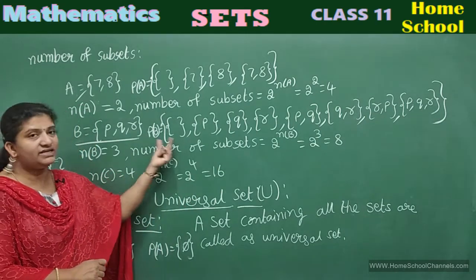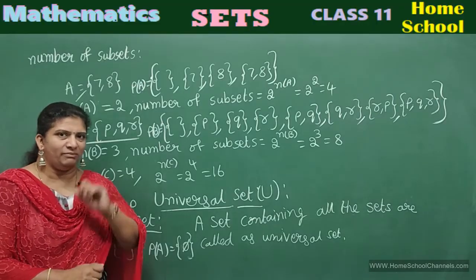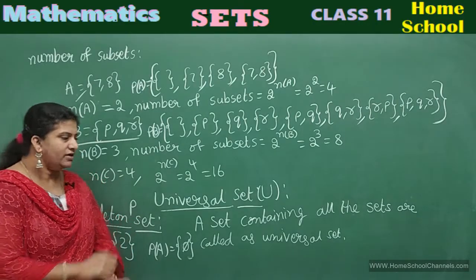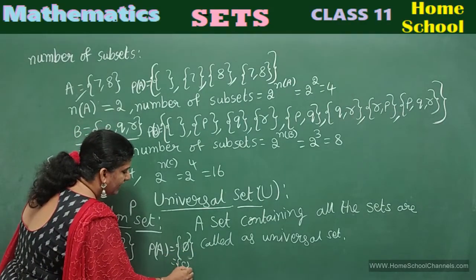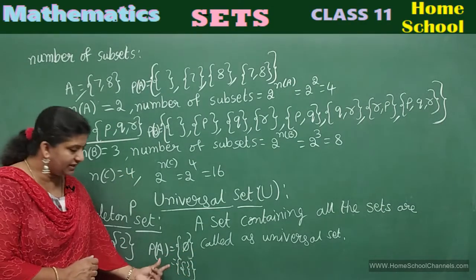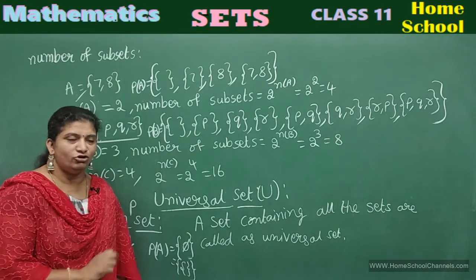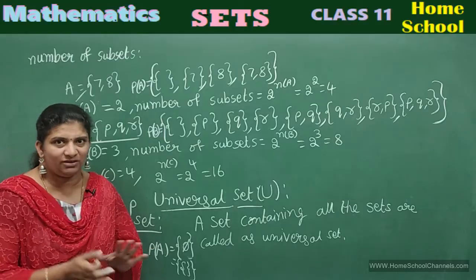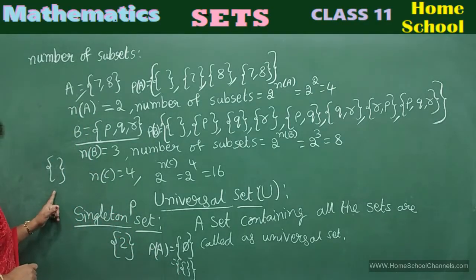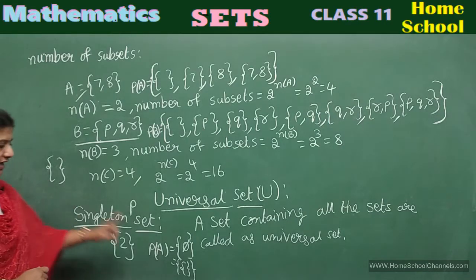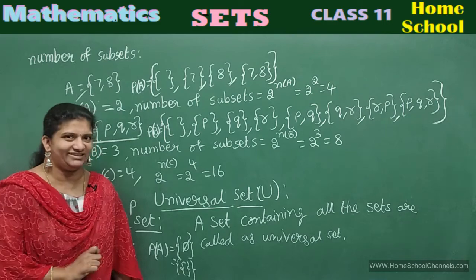The empty set we need to consider as one element. So you may write it like this: a power set containing one element. Don't say there is no element. Here it is no element, but here one element is present in the power set.